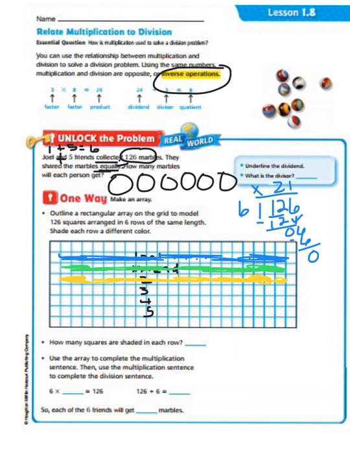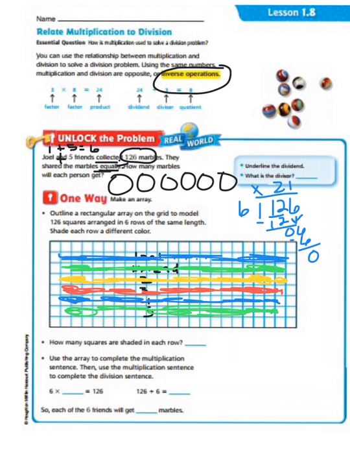We know that friend 3 is going to get 21 marbles, so we will shade that red. And we're going to have to go back to the same color for friend 4. It's also going to get 21 marbles. And back to green for friend 5 to have 21 marbles. So now we have our array.